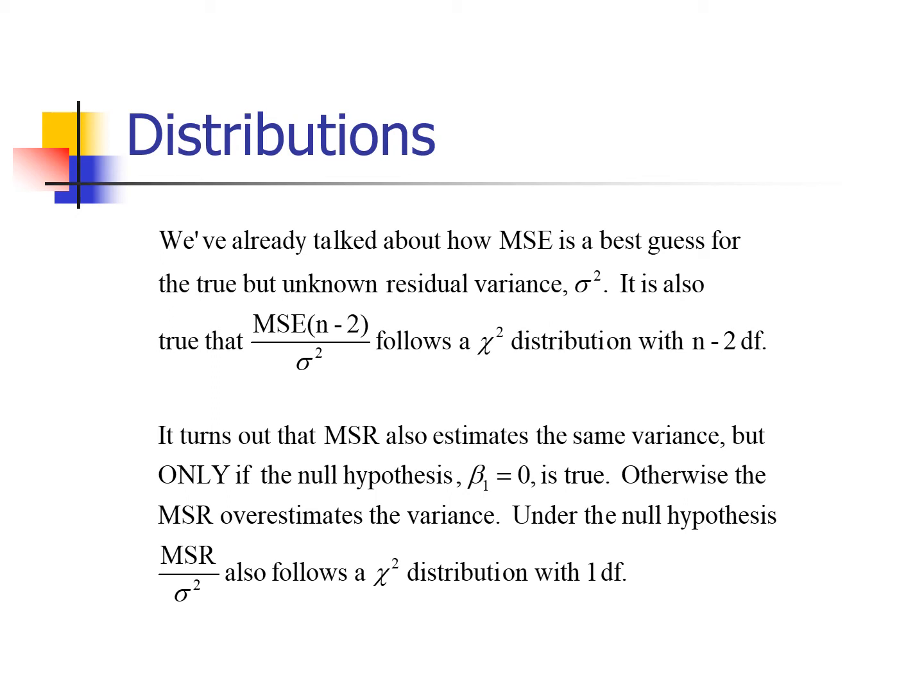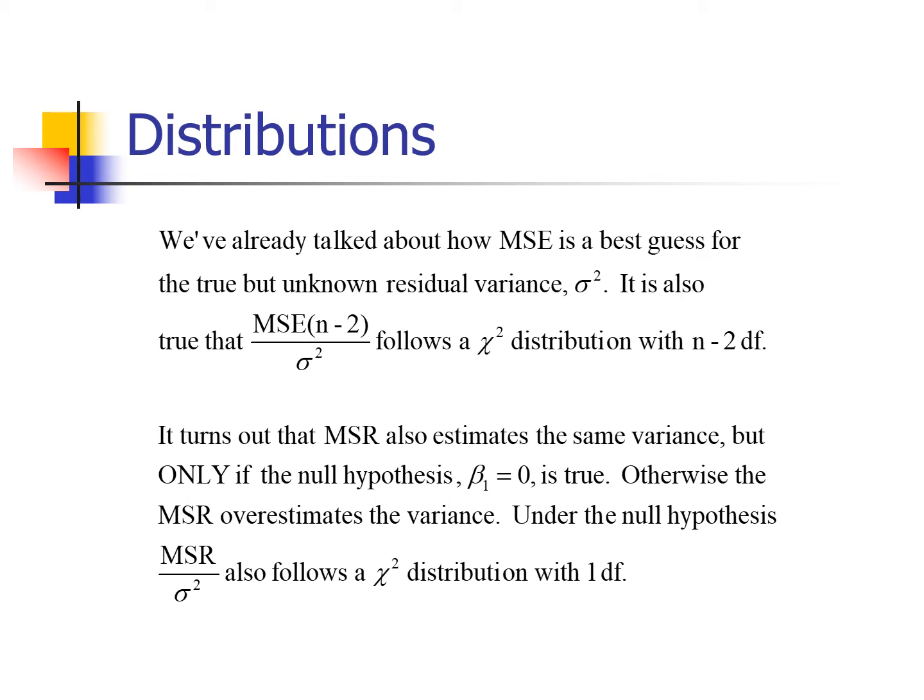Now, it turns out that the MSR also estimates that same variance, but only under the condition that our null hypothesis holds. I know I haven't formally stated our null and alternative, but we're still working under the same framework as last week.